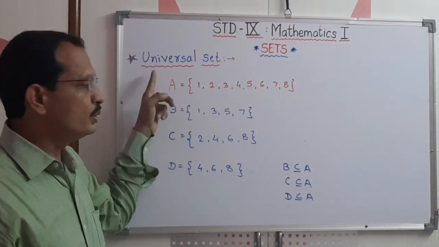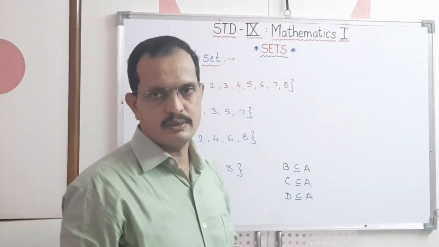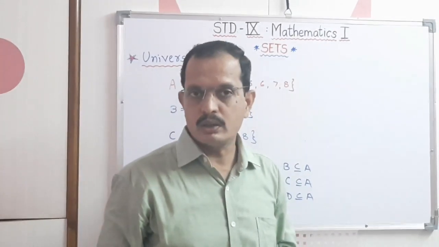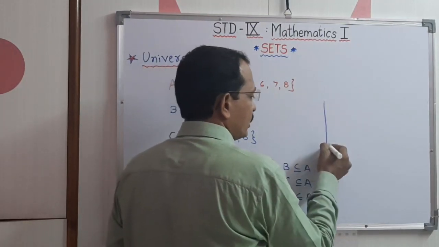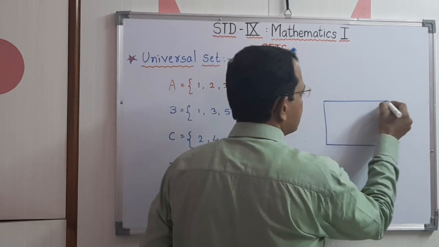If we have to represent the universal set by a Venn diagram, we have to draw a rectangle, and in that rectangle we write all the elements of that set.